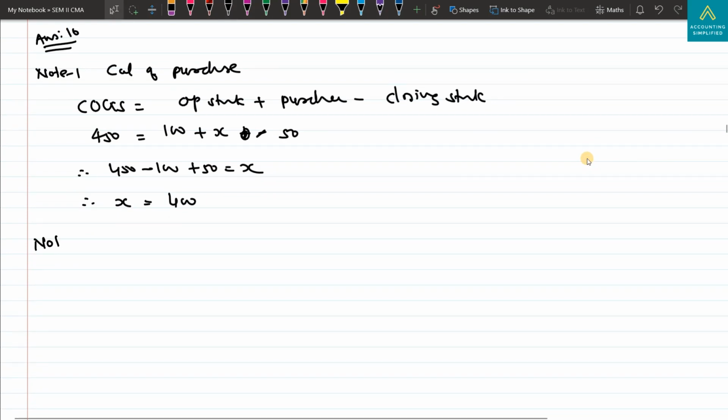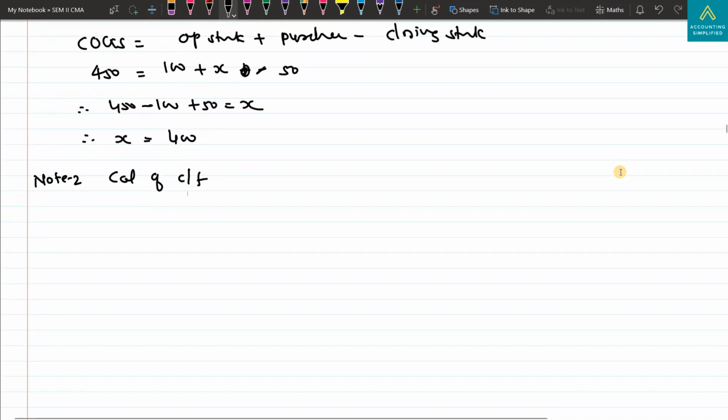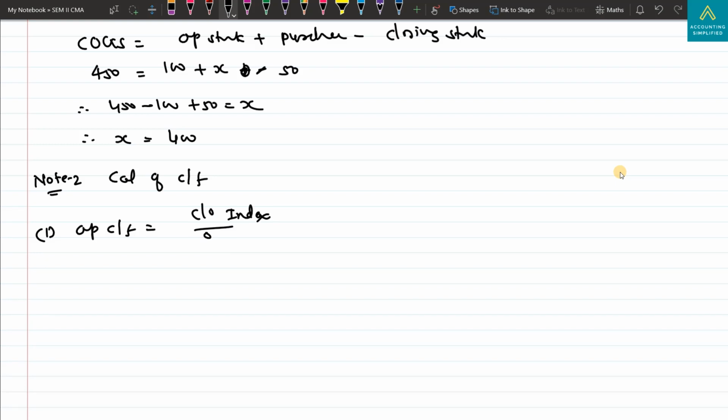Now note number 2, calculation of conversion factor. This also could be note 1, right? Depending on your calculation, it is not necessary this must be only note number 2. So first, opening conversion factor is equal to closing index divided by opening index, right?